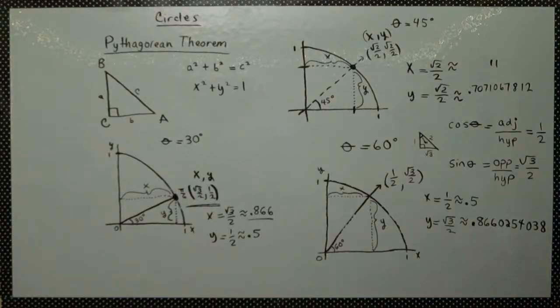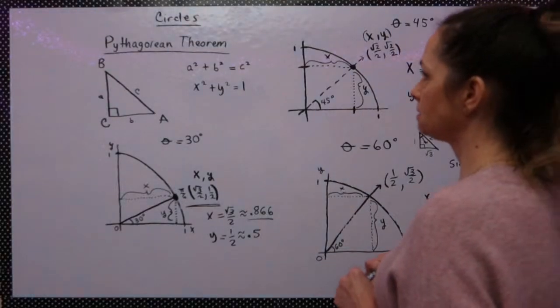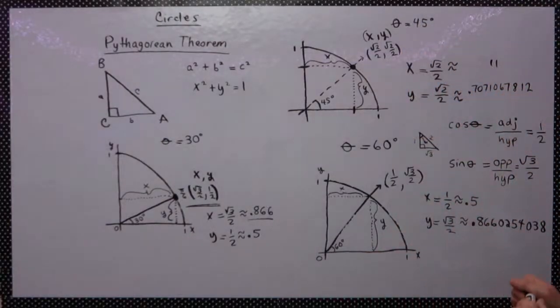Let's see what else I want to do next now. I do want to talk a little bit about similar triangles, and the relationship between the side lengths and the angles.